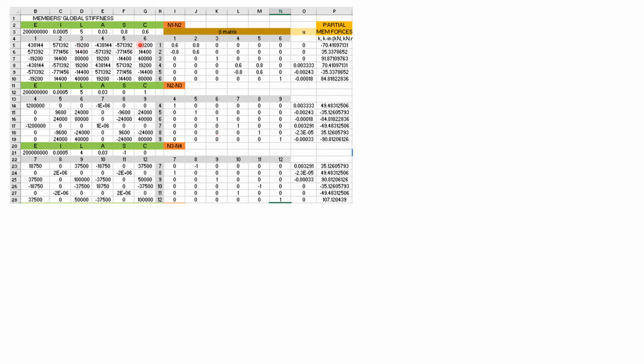Remember the cosine is 0.6, which is 3 over 5, because the dimensions are 3 horizontal and 4 vertical, so the length is 5. The sine is 4 over 5, so 0.8 positive. Then the area, the length is 5, the moment of inertia, and the modulus of elasticity.